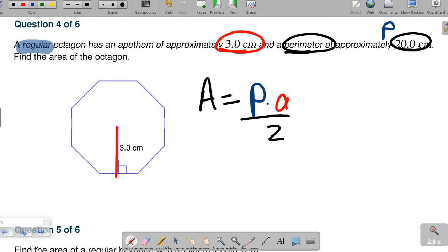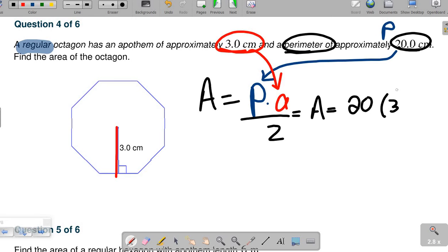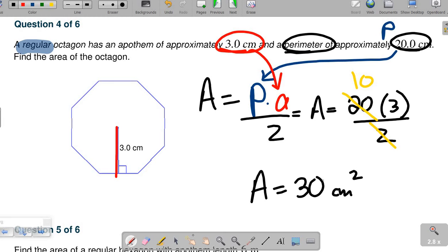So that P we already have. That P goes right there. The apothem goes there. So our area equals perimeter, which is 20, times apothem, which is 3, over 2. Our area is going to equal 30 centimeters squared.